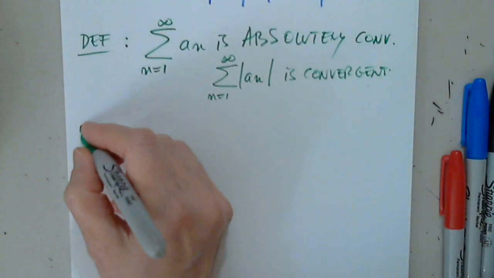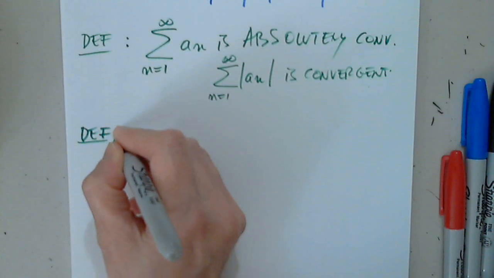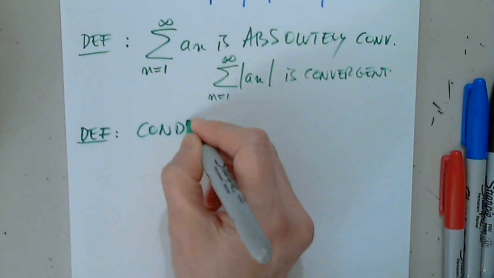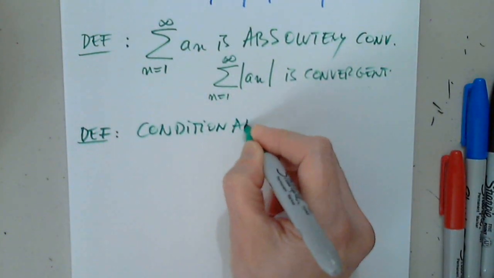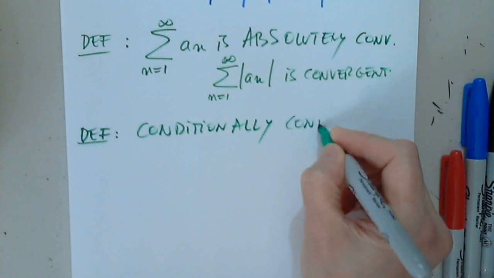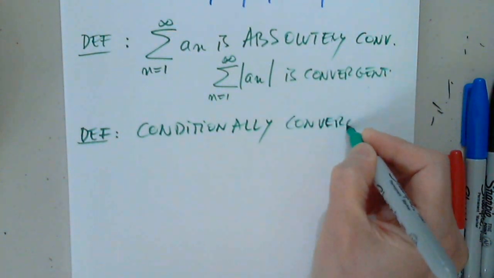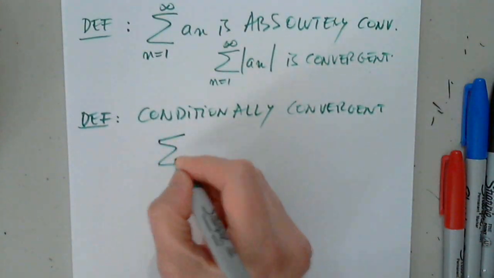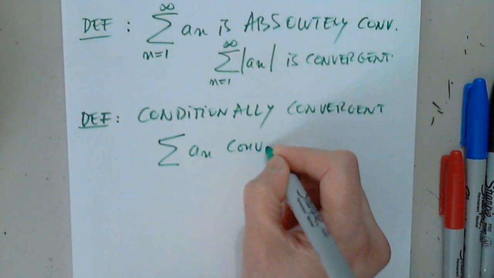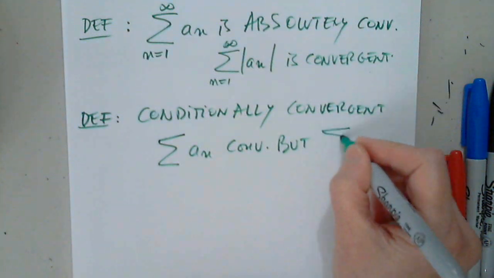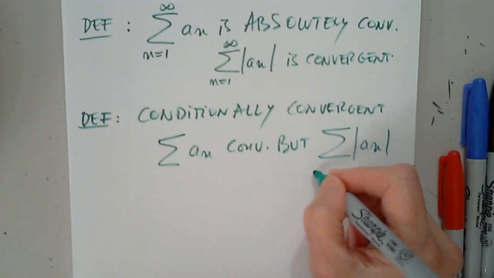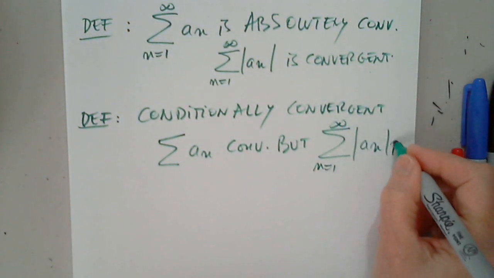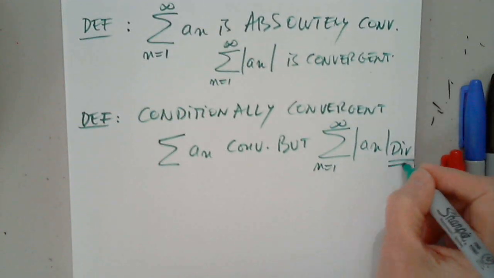Now, about conditionally convergent. Conditionally convergent is when this is convergent, but this is not, it is divergent.